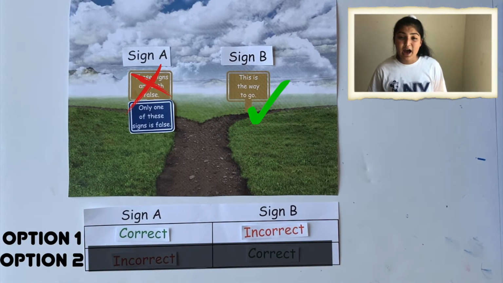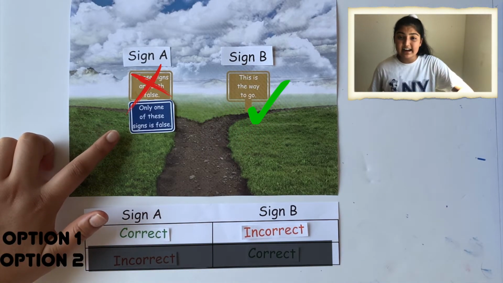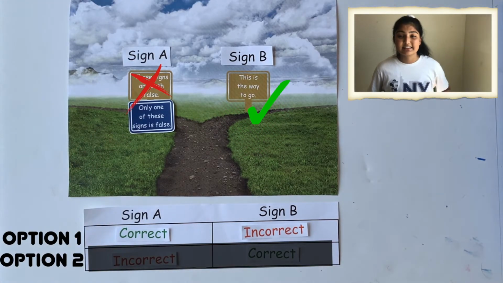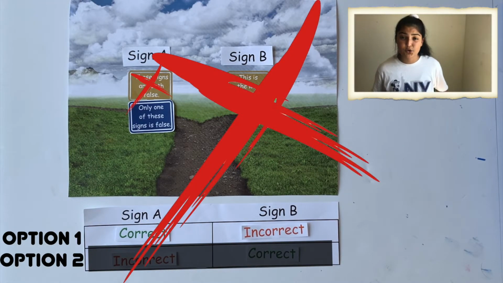Notice how this creates a contradiction, similar to the one we looked at in the second choice of Mordin's maze, which you can see in the link in the description box below. So, since sign A presents a contradiction, this is not the correct option.